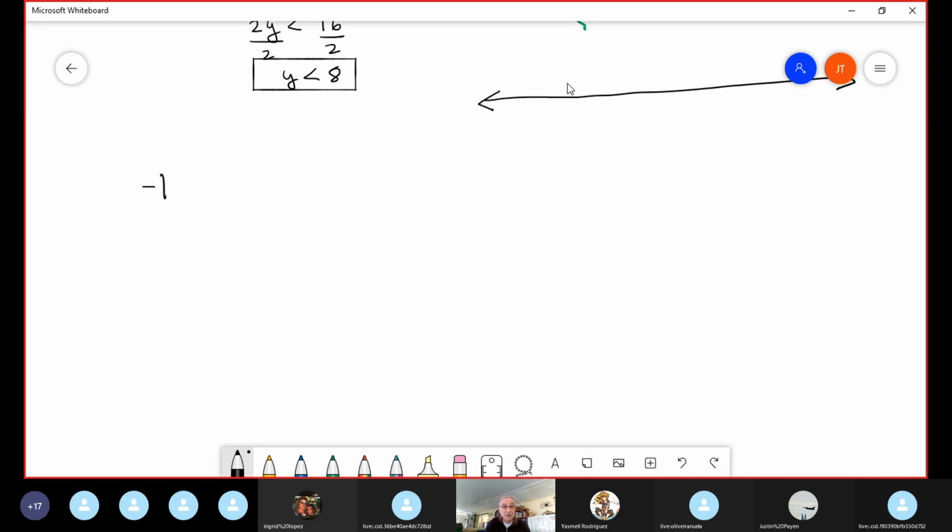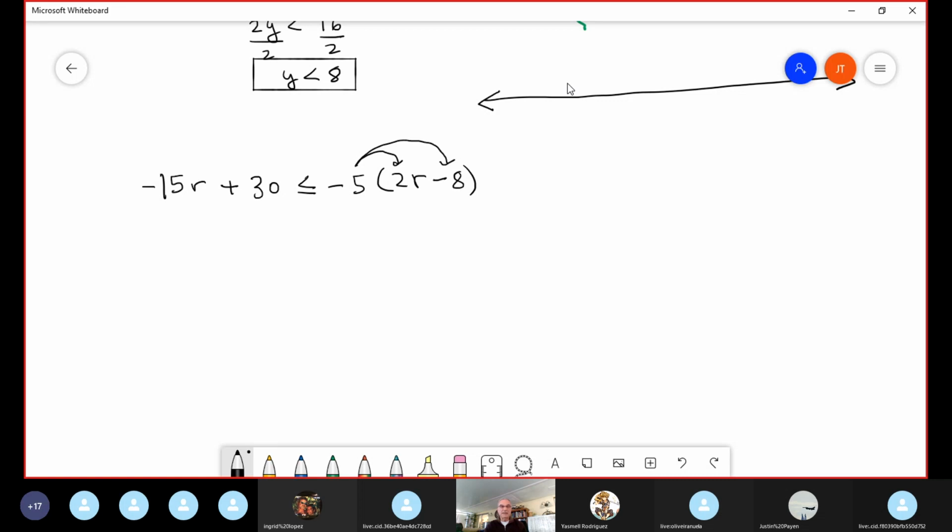Negative 15R plus 30 less than or equal. Now less than or equal. So the problem we did before is only less than or greater than. Now include equal. Negative 5 times 2R minus 8. Now you apply the distributive property.